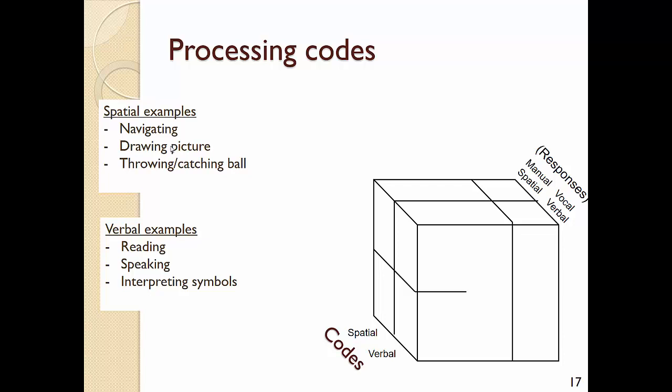You are using your mind's eye as much as you can, and so that's spatial. Also, recognize that the spatial processing code, if I go all the way up to the response stage, that is a manual activity. If I'm performing a manual response, that means manually using my hands or using my body in some way to move, like to throw a ball. That is very much using the spatial processing code.